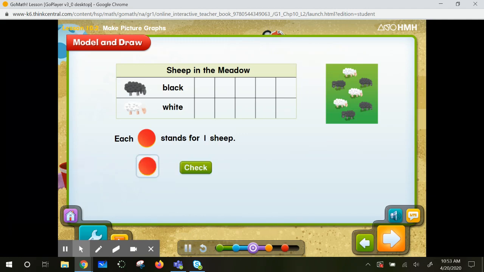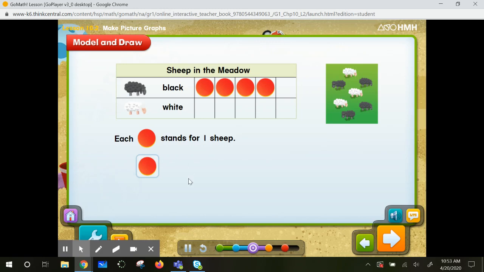First, drag red counters to spaces in the top row of the picture graph to show the number of black sheep. When you're ready, check your work. Great job! There are 4 black sheep. Each counter stands for 1 sheep.